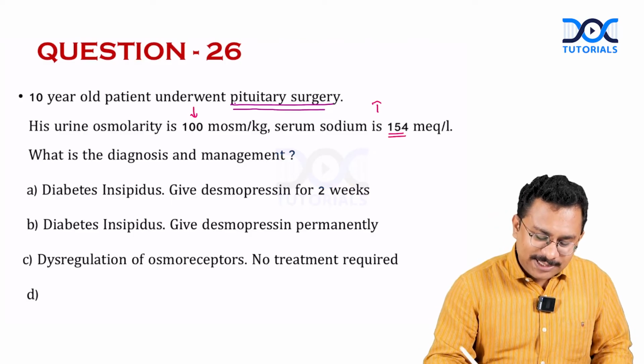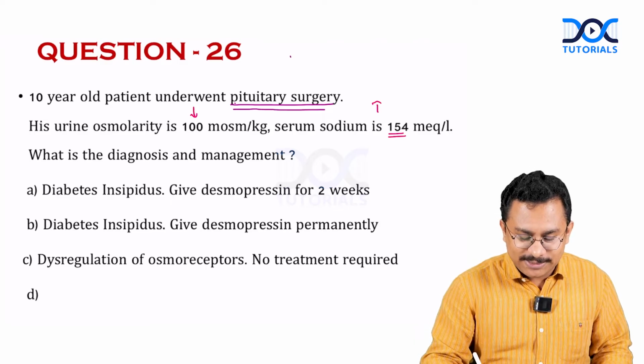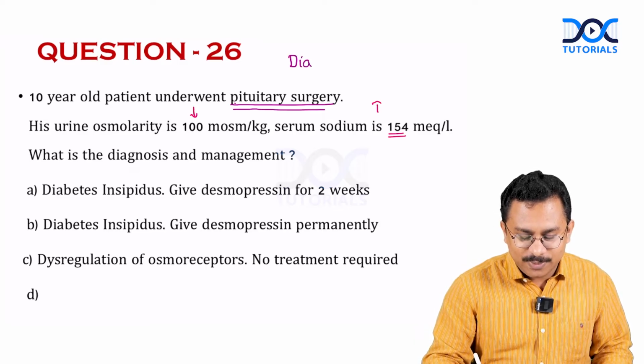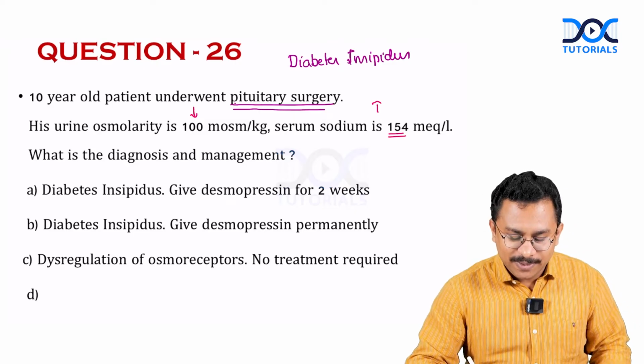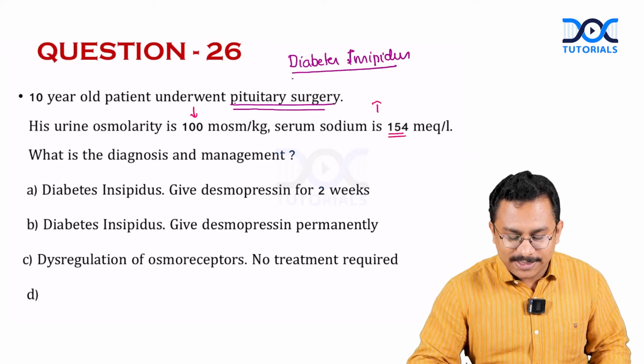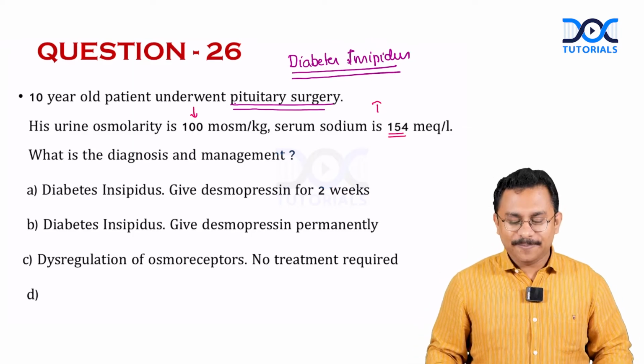See, diabetes insipidus is one of the complications that can develop following a pituitary surgery. So in this patient with a background history of a pituitary surgery, following which you are having a low urine osmolality and a hypernatremia, I'm thinking of diabetes insipidus as the diagnosis here. Okay, so there is no doubt on that.